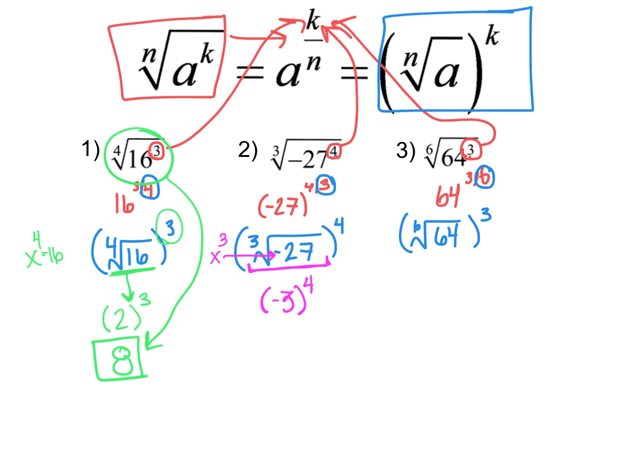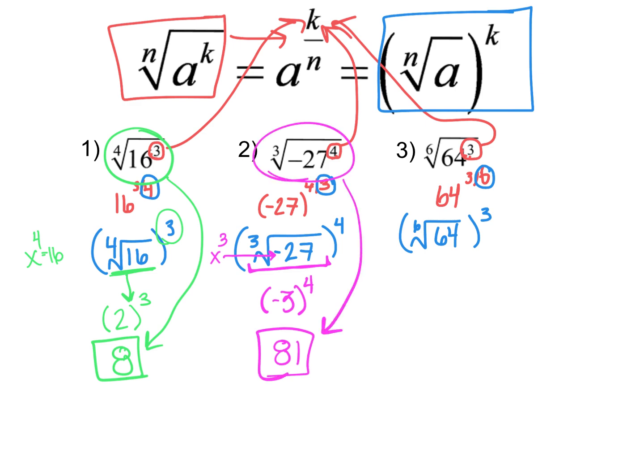If I take negative 3 to the power of 4, because it's an even power, it's going to be positive. Negative 3 times negative 3 is positive 9, times another negative 3 is negative 27, times another negative 3 gives me 81.